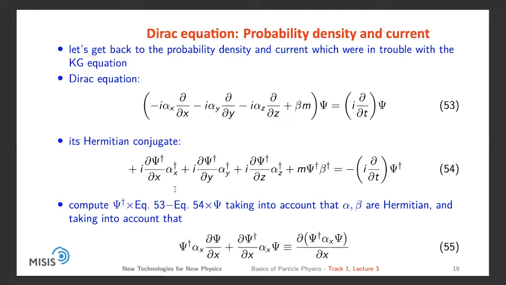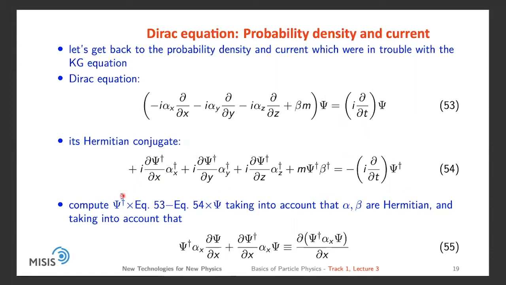Now let's get back to the probability density and current, which were in trouble with the Klein-Gordon equation. The Dirac equation looks like this, and its Hermitian conjugate looks like this.